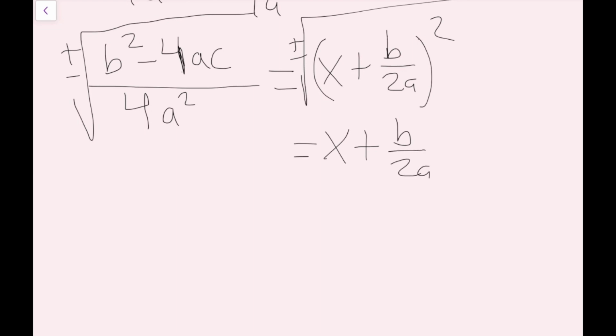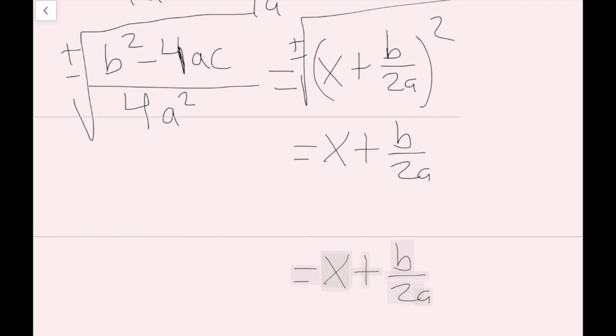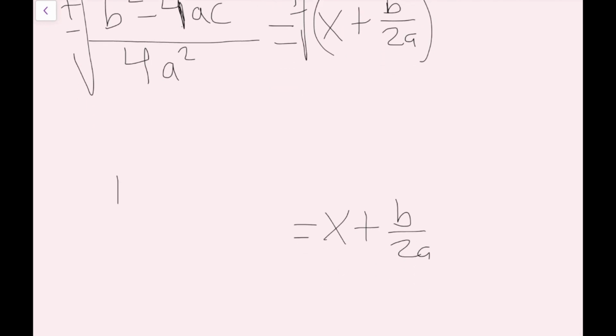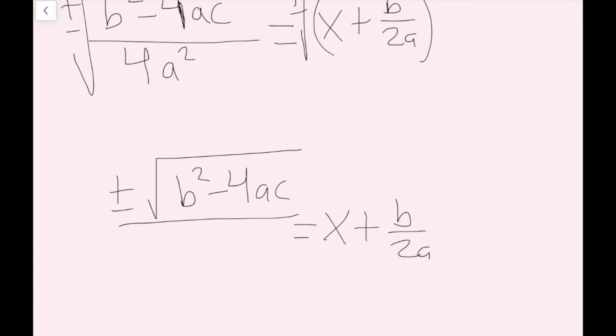And this side is the same thing as taking the square root of the top and bottom. So I'm going to rewrite this as plus or minus the square root of b squared minus 4ac over the square root of 4a squared.